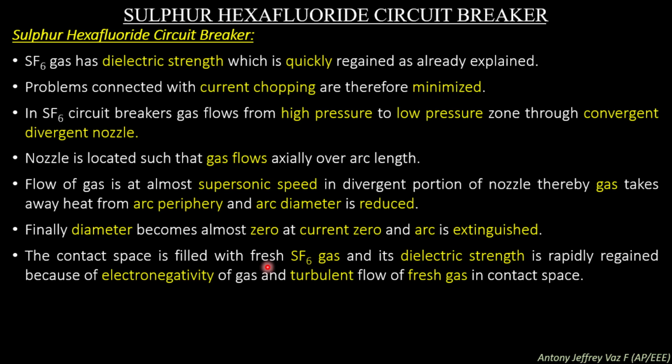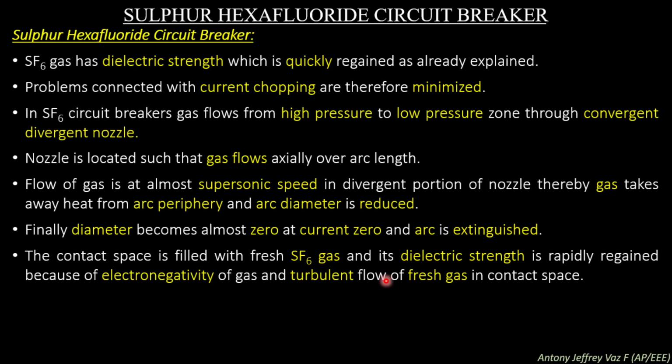The contact space is filled with fresh SF6 gas, and its dielectric strength is rapidly regained because of the strong electronegativity of the gas and the turbulent flow of fresh gas in the contact space. Due to the flow of gas in the contact space as well as axially along the arc, fresh gas with a very high dielectric strength enters the arc space.